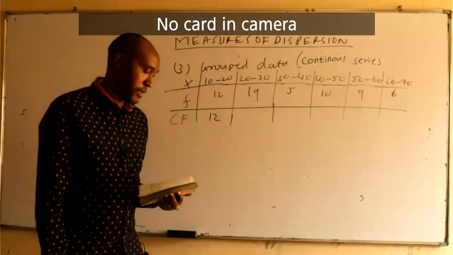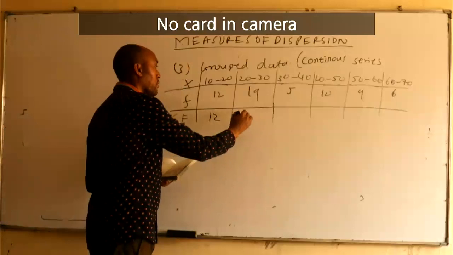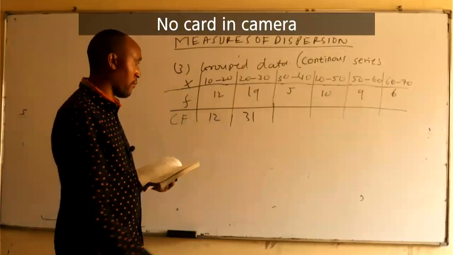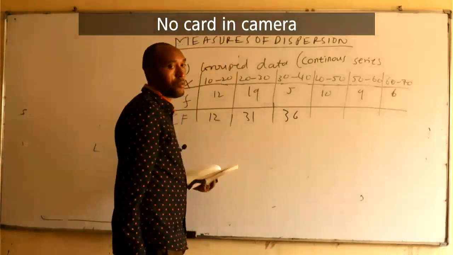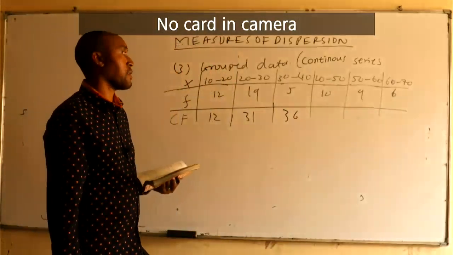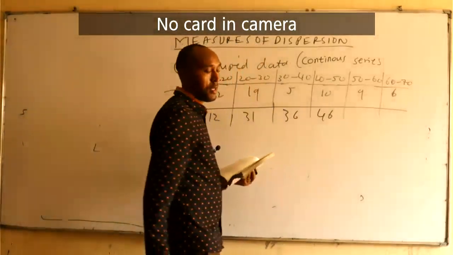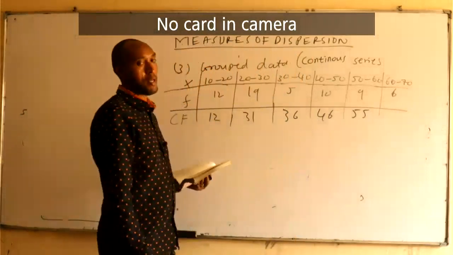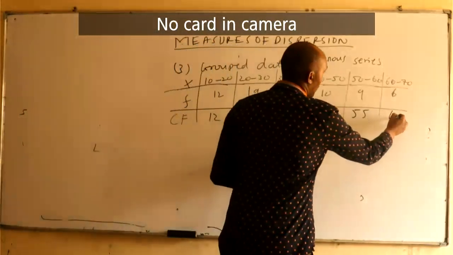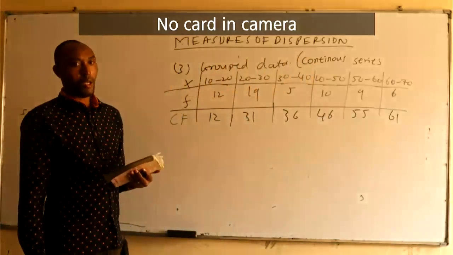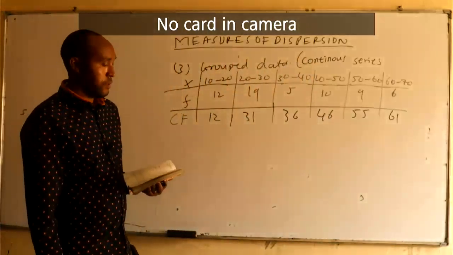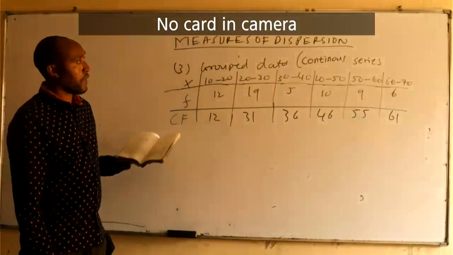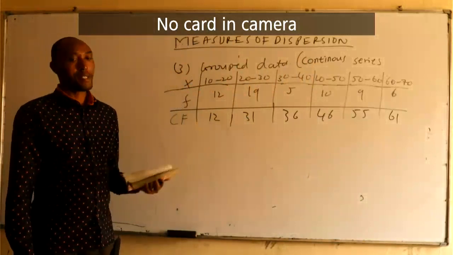Then 12 plus 19 is 31, 31 plus 5 is 36, 36 plus 10 is 46, 46 plus 9 is 55, and 55 plus 6 is 61. That information is just to help us get our nth item.